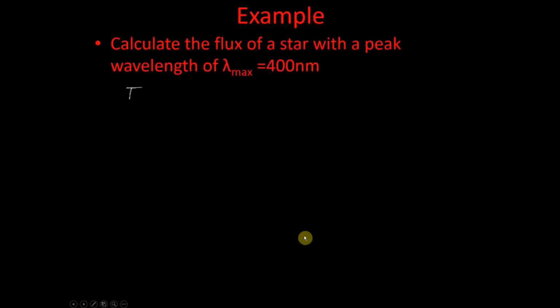So again, let's pick on a star and say calculate the flux with a peak wavelength of lambda max equals 400 nanometers. We already know the temperature in this case. This was from our previous example. So you would have to calculate the temperature using lambda max equals B over T. And that's 7,475 Kelvin.